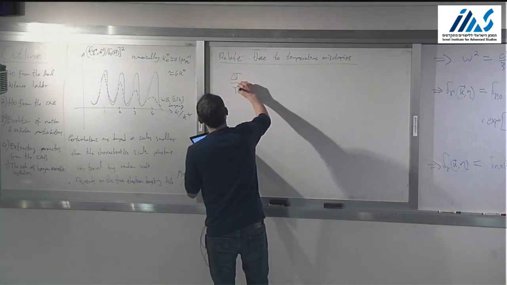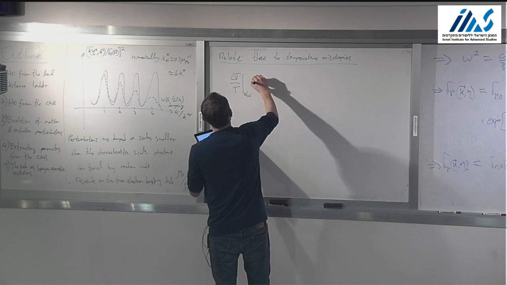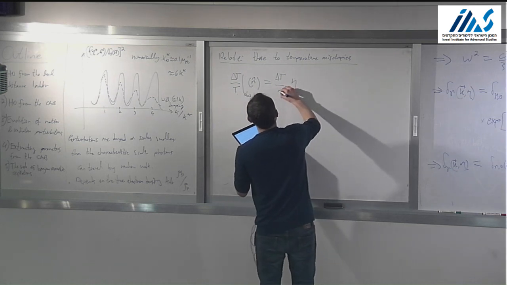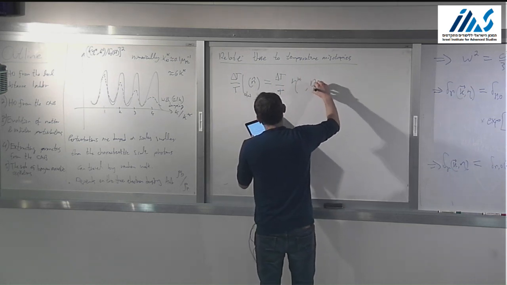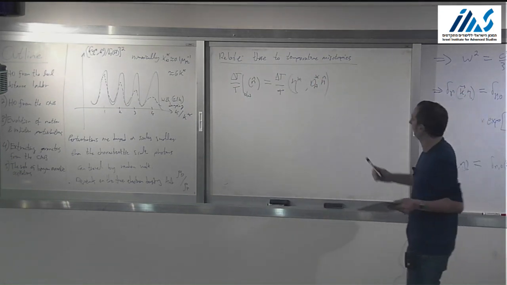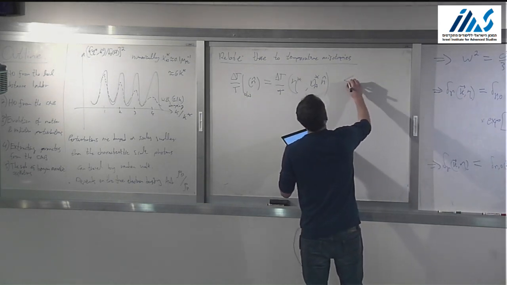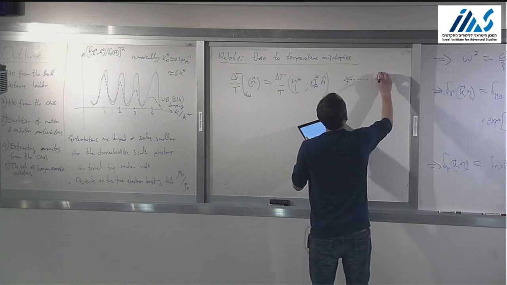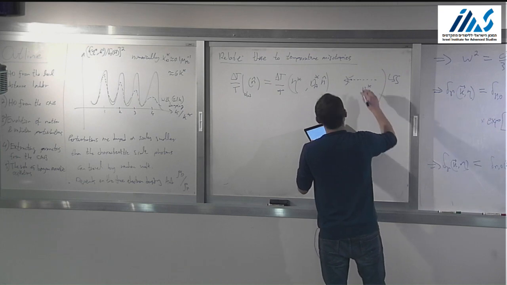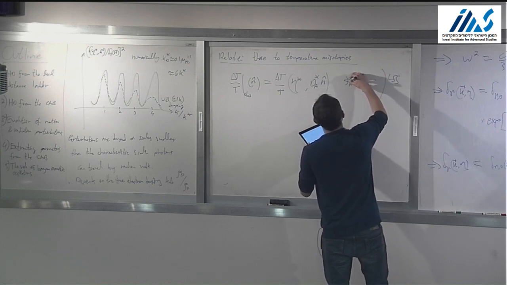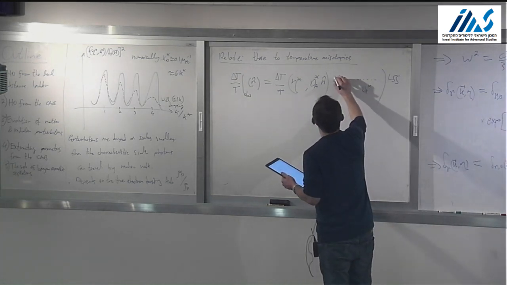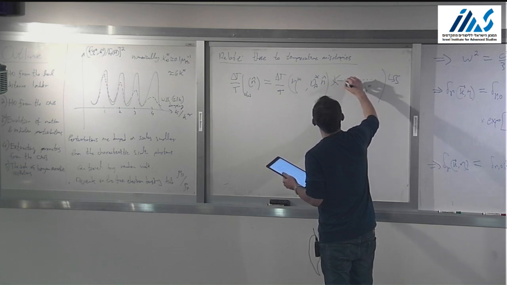What we measure is delta T over T observed in some direction n, and this is delta T over T at the last scattering surface, which is at a distance given by the co-moving angular diameter distance in that direction. So we are looking towards the last scattering surface, which is at a distance d_A in the direction n. This is supposed to be a human eye, observing in this direction.